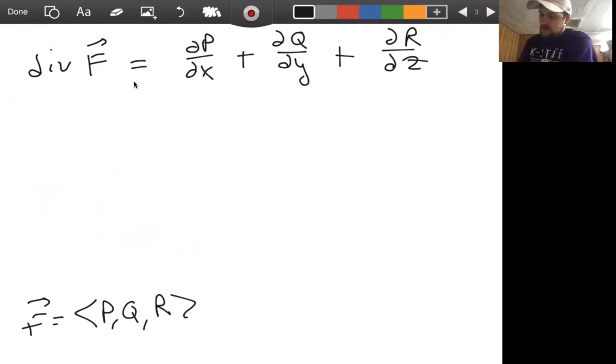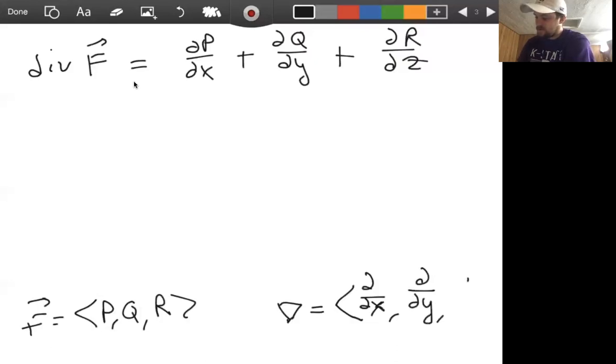And if we think about the gradient operator, it can be expressed as a vector: the partial derivative with respect to x, the partial derivative with respect to y, the partial derivative with respect to z, right?